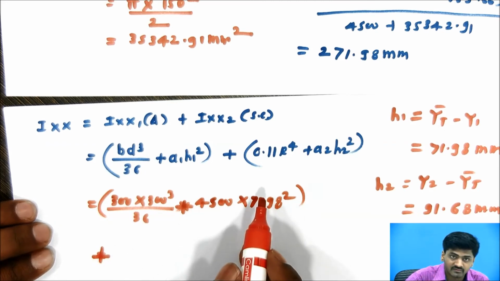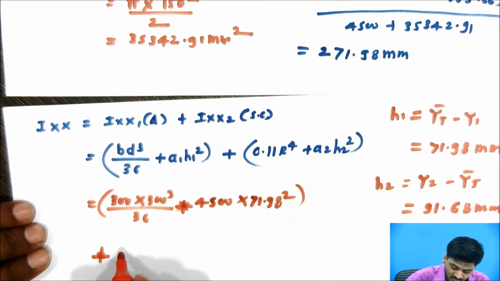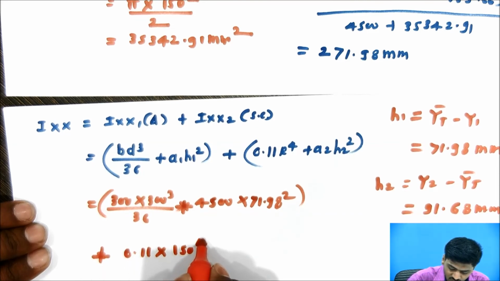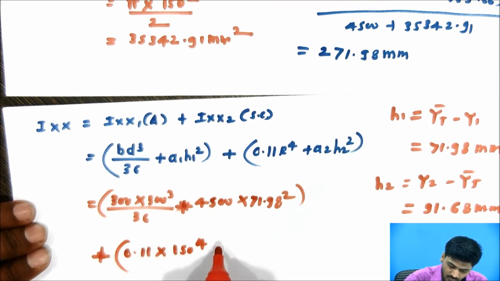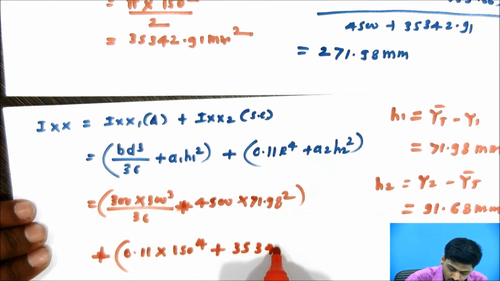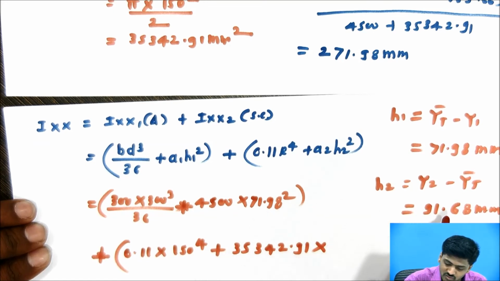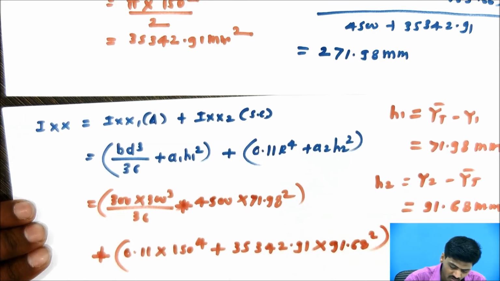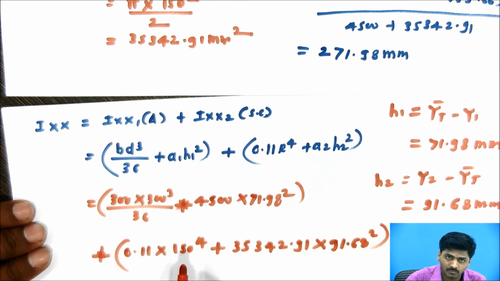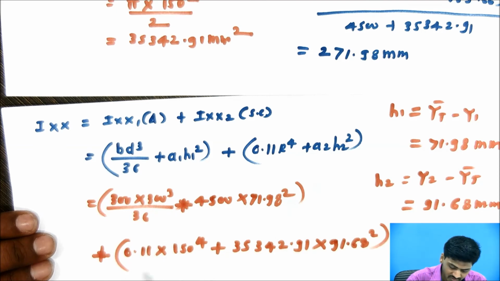The second part is 0.11 into 150 raised to 4, plus area of the second figure, 35342.91, into height of the second, 91.68 square. After addition of these two brackets, you'll get the moment of inertia.